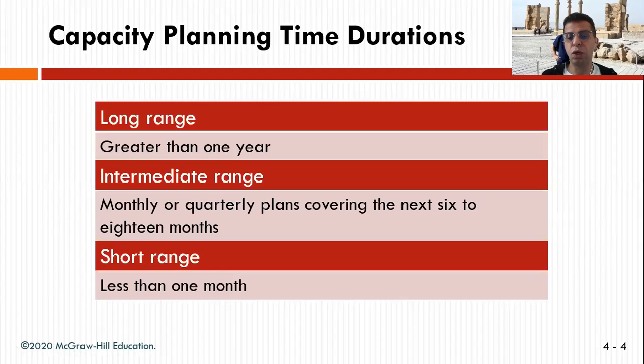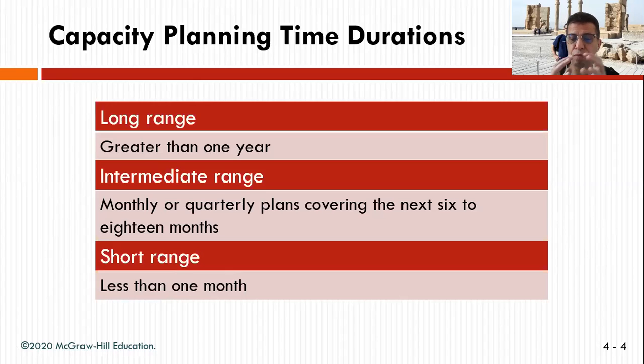Now, when we do any planning, we usually have three types: the long range, the intermediate range, and the short range. The long range is usually greater than 1 year, and usually top management does that. Intermediate range is monthly or quarterly plans covering the next 6 to 18 months.